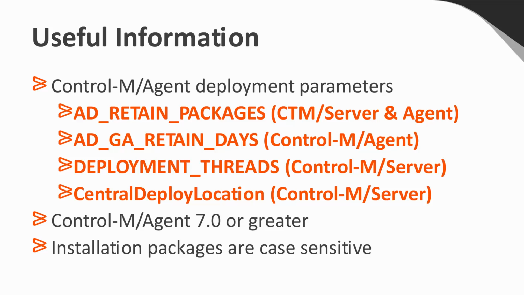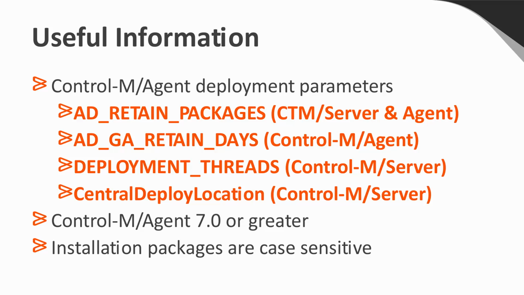We have the AD_GA_retain_days parameter. This is a Control-M agent system parameter. And as you can recall, this is the parameter that controls the retention of the backup files that are used by the downgrade activities. So by default, this parameter is set to 30 days.